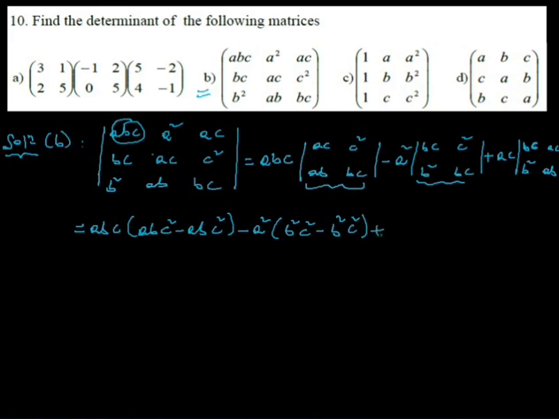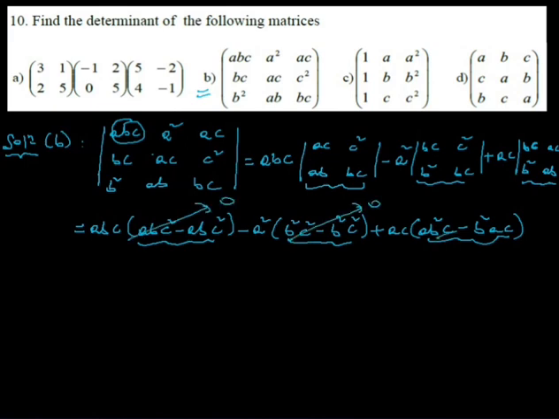Plus AC into the determinant of this, AB square C minus B square AC. The expressions in each bracket are the same, so their difference is 0. All these things are 0, so 0 times ABC is 0, minus 0 plus 0.